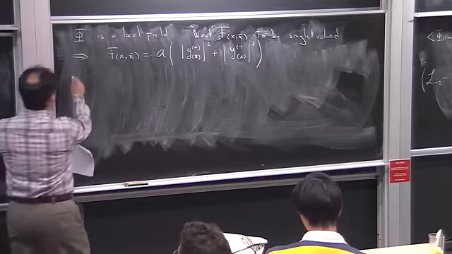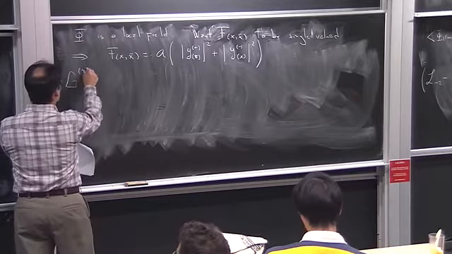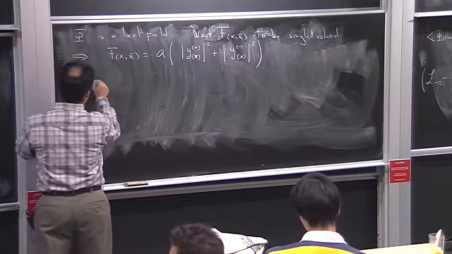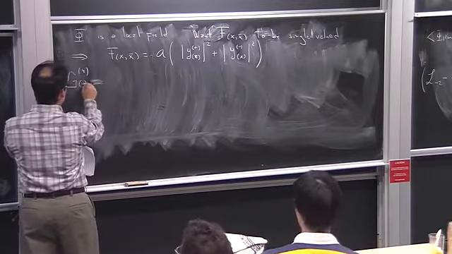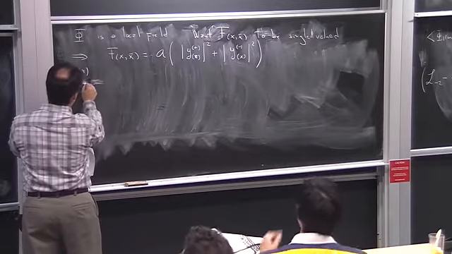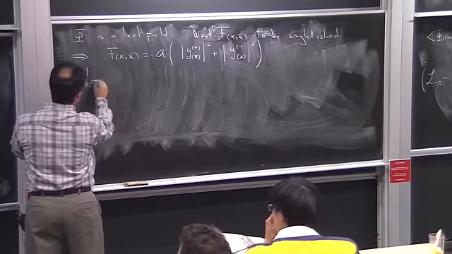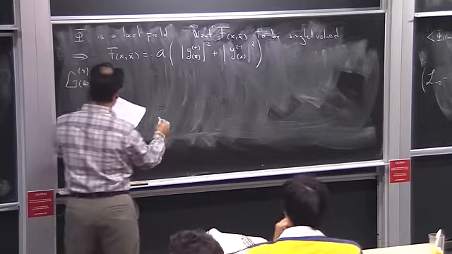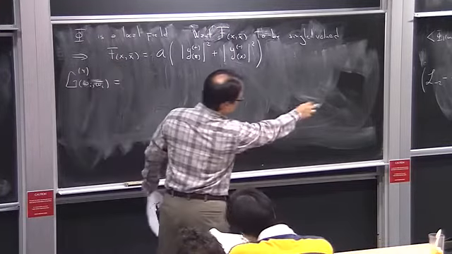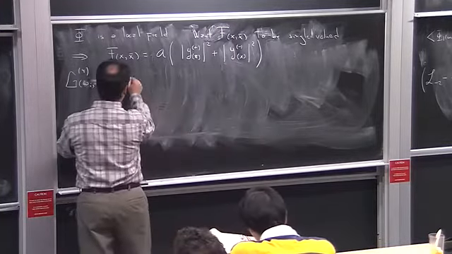So the final answer is that our correlation function that depends on the w_i's or w_i bars is equal to, now we can put these things together.